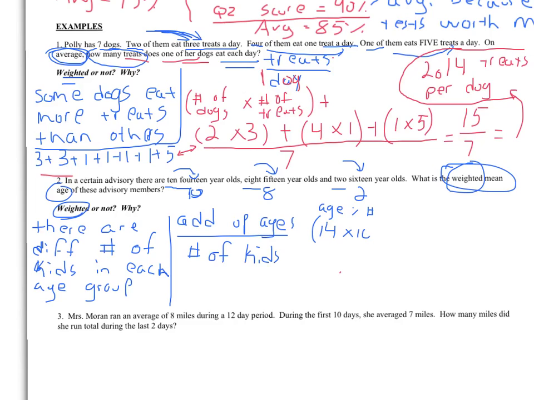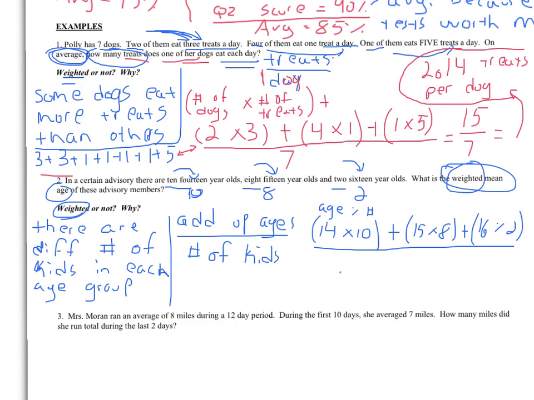There were 10. It's average, so we're going to add them up. The 15-year-olds, how many were there? There were 8. Add up. 16-year-olds, how many were there? Only 2. So that'll tell us all the ages if we add them up.